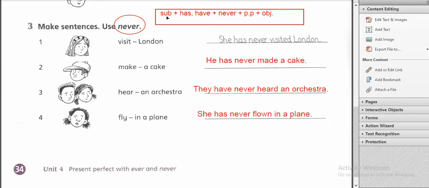Here is the rule: subject plus has or have plus never plus past participle plus the object and the complement. Next, 2. This is a boy, so the subject is he. Has, because he takes has, then never made a cake.